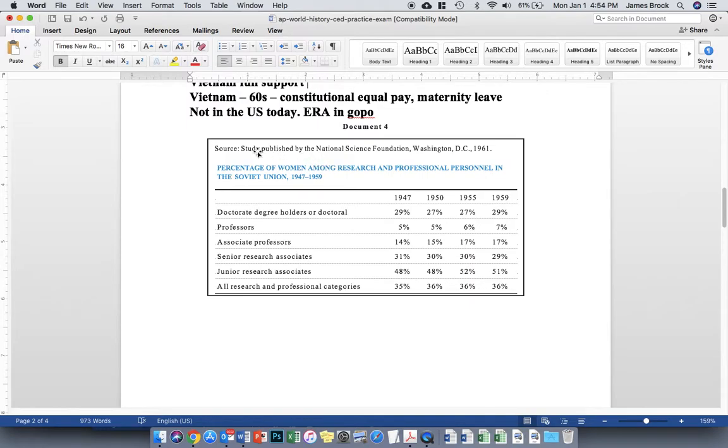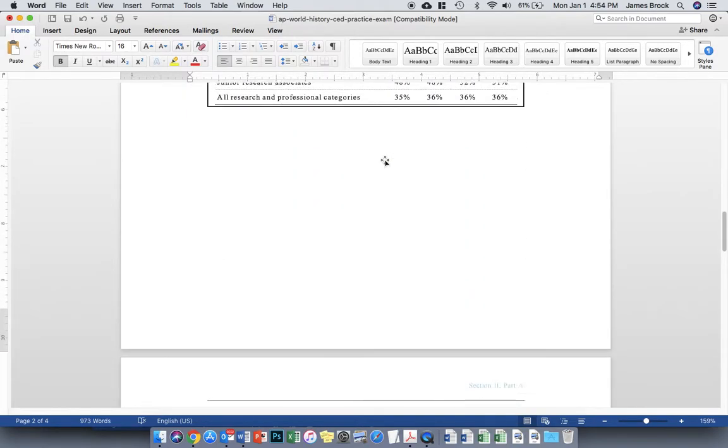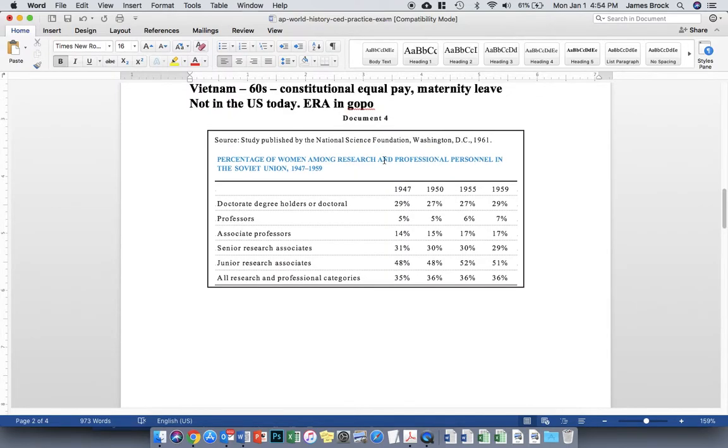Okay, we go down to document 4. This is a study published by the National Science Foundation from Washington, D.C. in 1961. Percentage of women among research and professional personnel in the Soviet Union. This is the percentage of women working as research or professionals between 1947 and 1959.